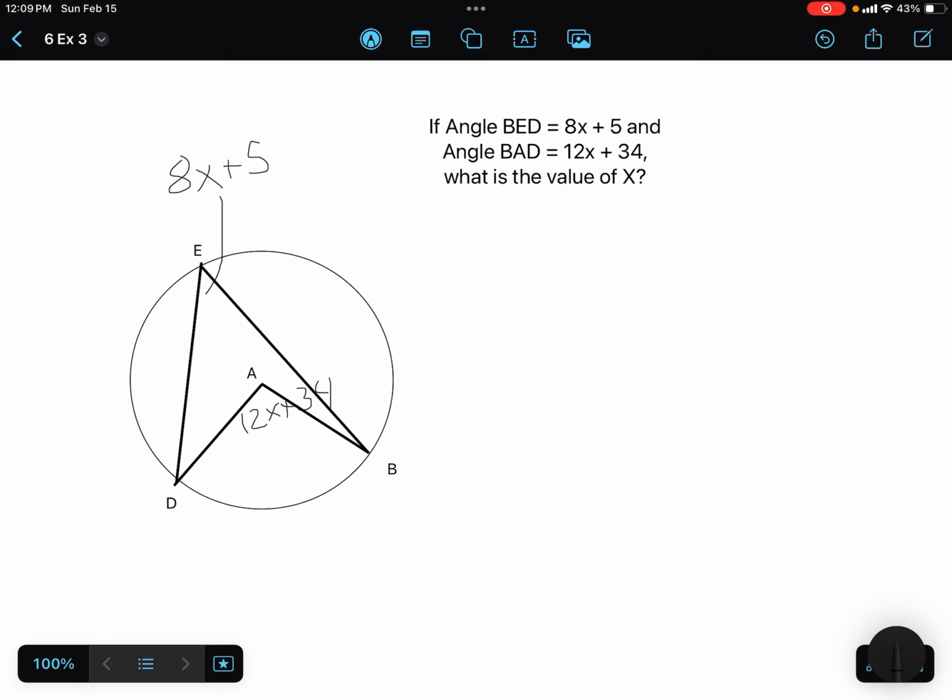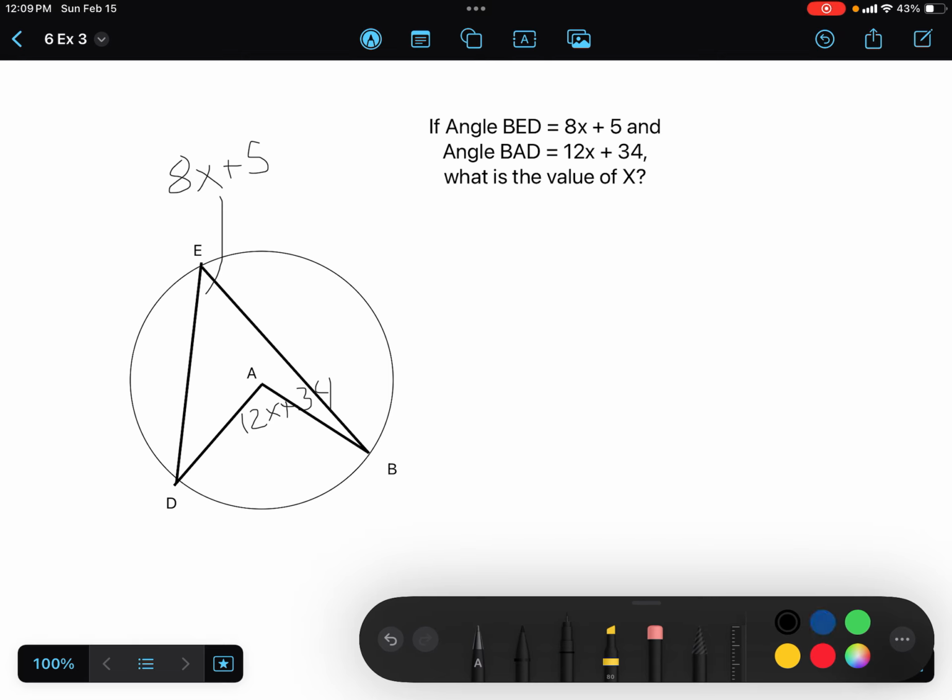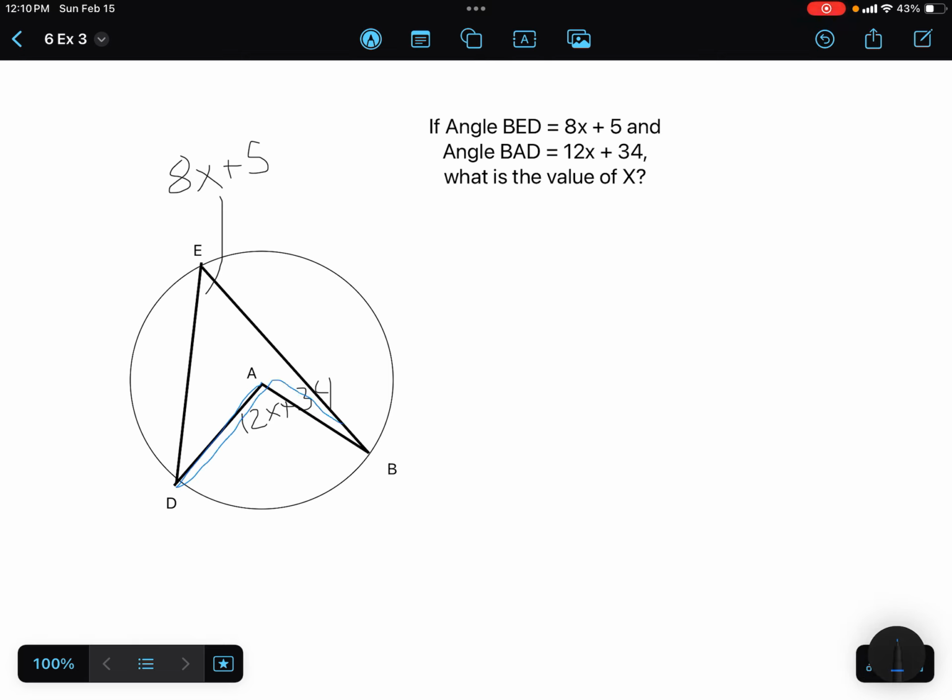So a couple of things are going on here. First, this central angle is marked as 12x plus 34. That means its arc is also going to be 12x plus 34.